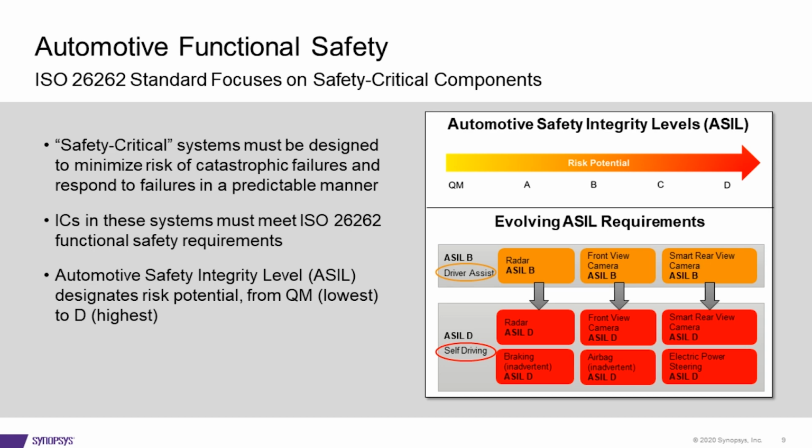They're actually becoming functions that are critical to the overall safety of the passengers in the vehicle. All of these systems, the cameras, the powertrain, power steering, certainly all the safety related things like braking and airbags, are all becoming ASIL D. The requirement is they must meet ASIL D certification levels.